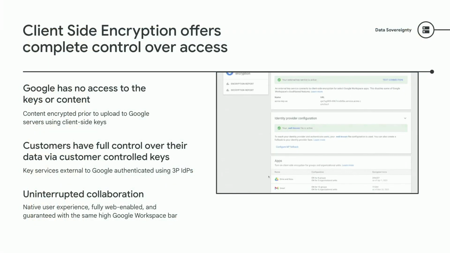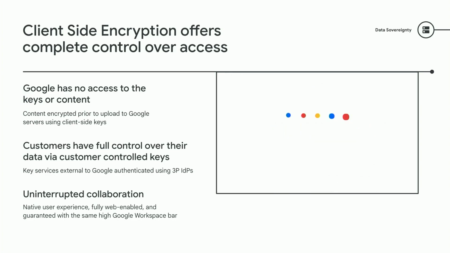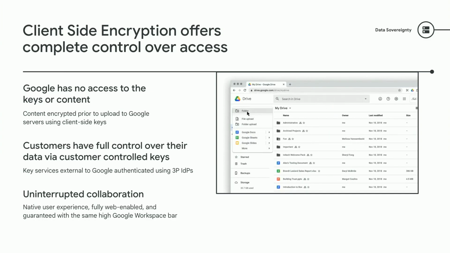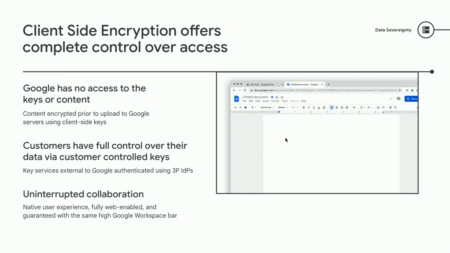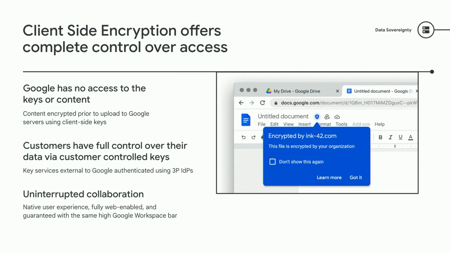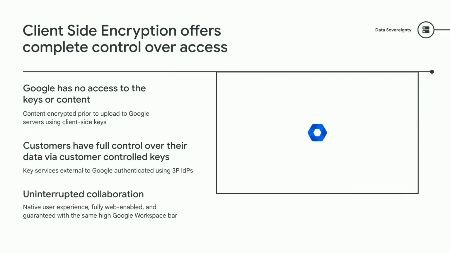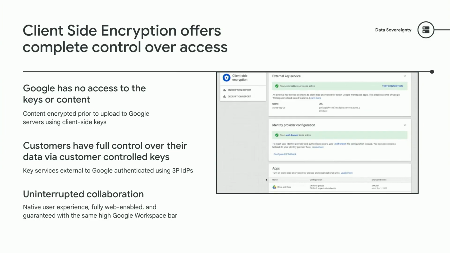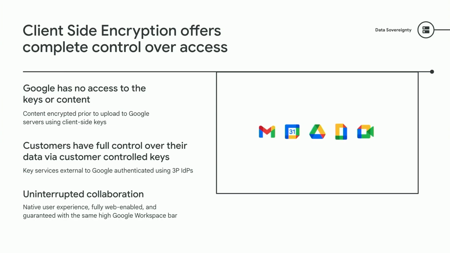Let's begin with client-side encryption. Google Workspace is leading the way on data sovereignty with our client-side encryption feature that allows customers to have total confidentiality and complete control over all access to their data. We provide our customers with this authoritative privacy control by making them the sole owners of encryption keys that they can hold on-site, within a nation's borders, or within any other boundary they define.